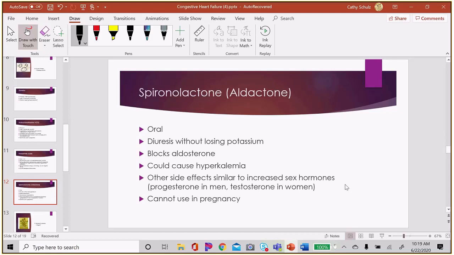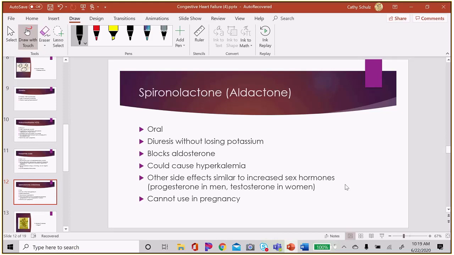The other issue is that it is close in its chemical structure to some of the sex hormones that we create in our body. So it's similar to progesterone and testosterone. So if you're a man and have an increase in progesterone, it might cause breast development, it might cause some secondary sex characteristics common to women.